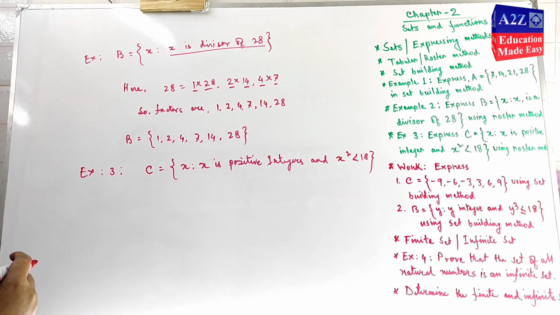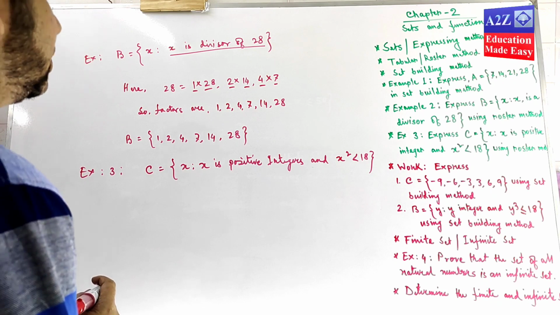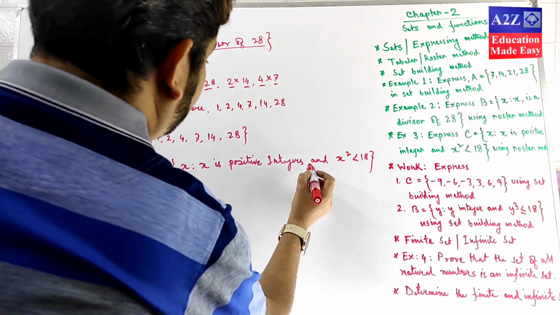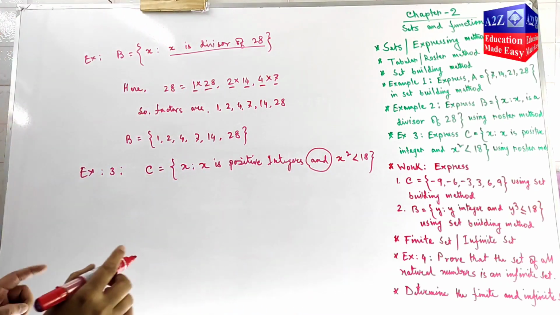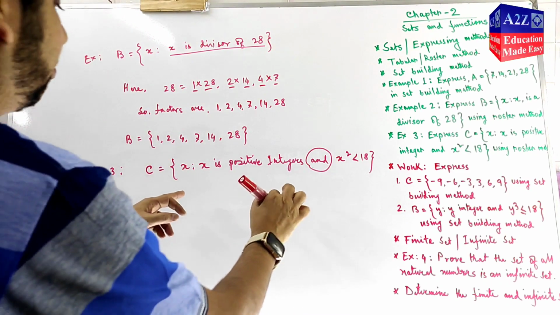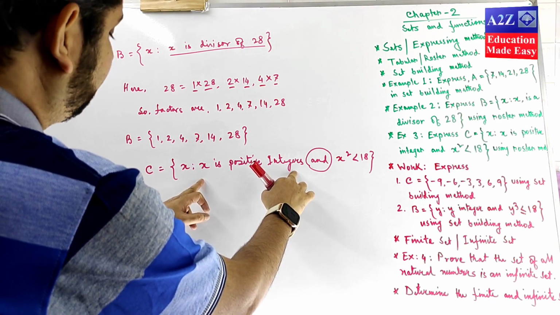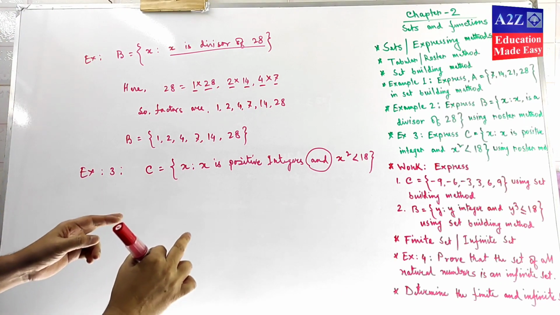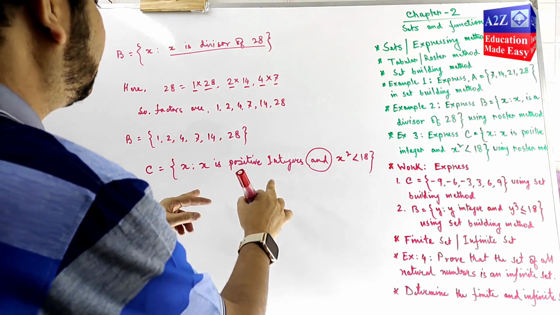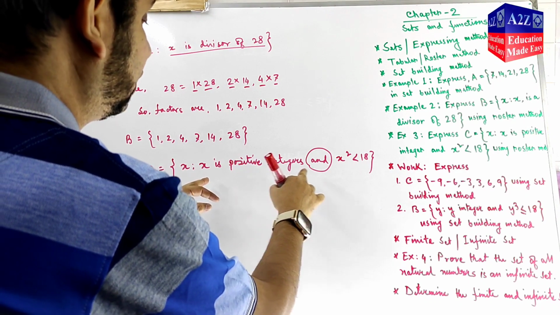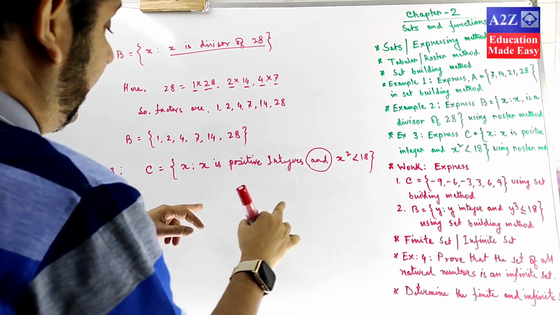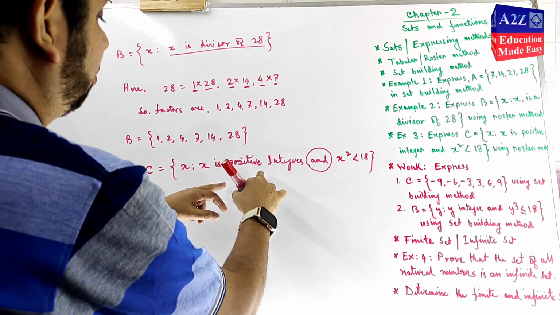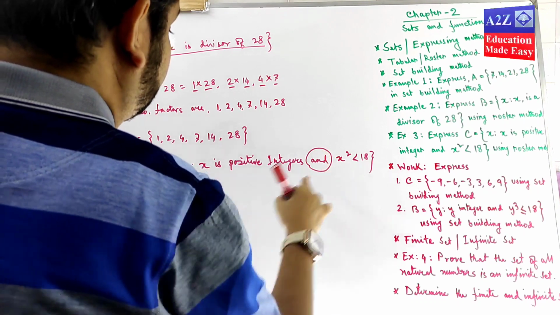Now I have to break down these two properties into details so that I can find the items and list. There is an 'and' condition between these two properties, so I have to find the items that are common to both properties.